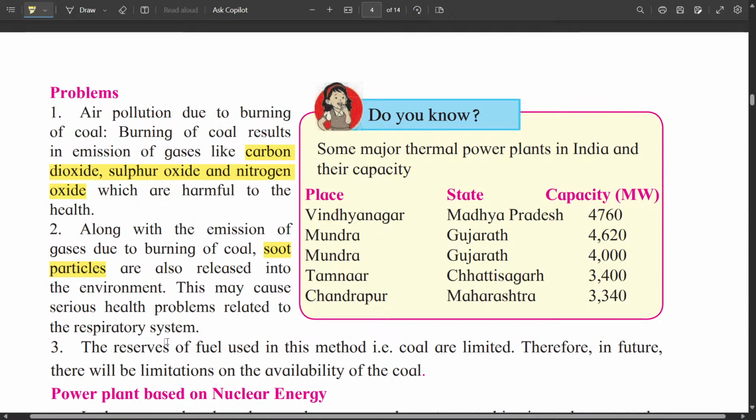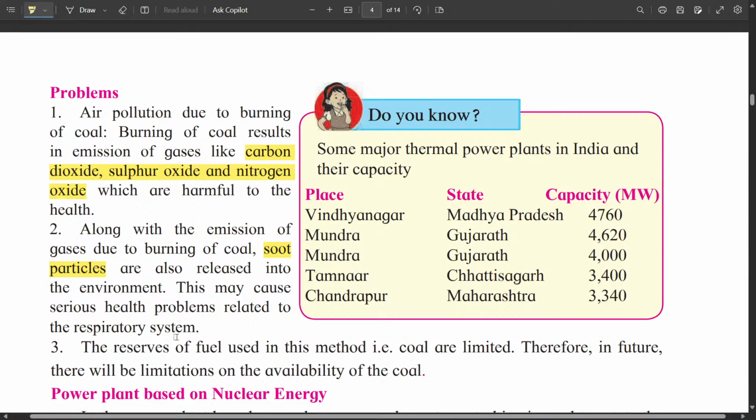The reserves of the fuel used in this method are limited. Coal is limited, and millions of years were used for the production of coal. When the trees are buried deep down the earth and then heat and pressure work on it for millions of years, then only coal is formed.